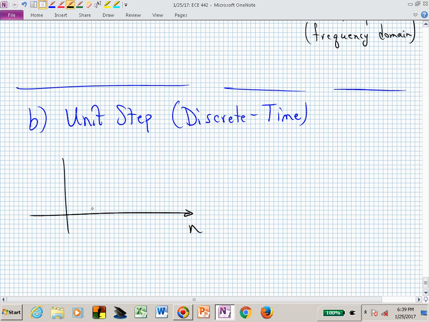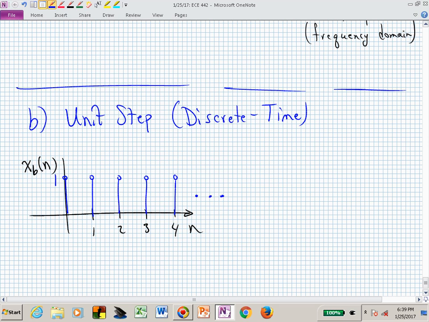Let's look at what we have if we do a unit step for a discrete time system. What does that look like? Now this is lowercase x sub b of n. It's only defined at these discrete instances, and it has a value of 1.